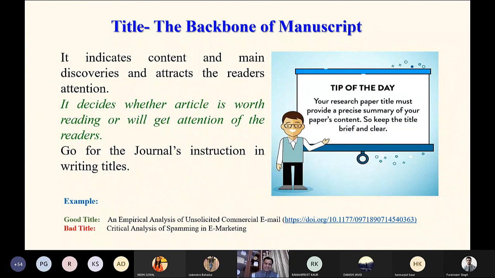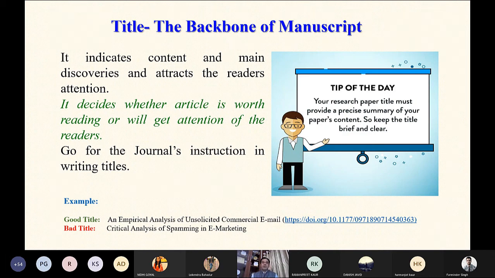It is the title that decides whether the research manuscript is worth reading or not. So before we decide the title of the research paper, we have to read the instructions of the journal in which we are going to submit it. Different journals have their own guidelines with respect to the title.